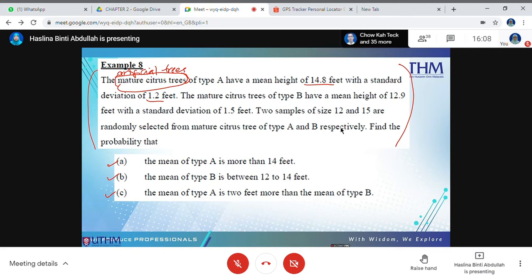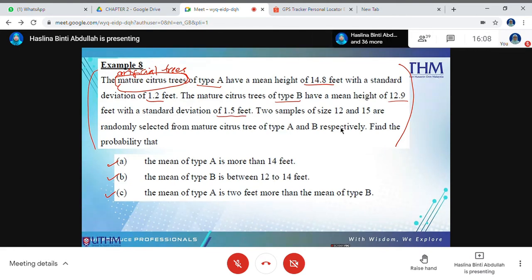Okay. The mature citrus trees of type A have a mean height of 14.8 feet with a standard deviation of 1.2, while the mature citrus trees of type B have a mean height of 12.9 with a standard deviation of 1.5.